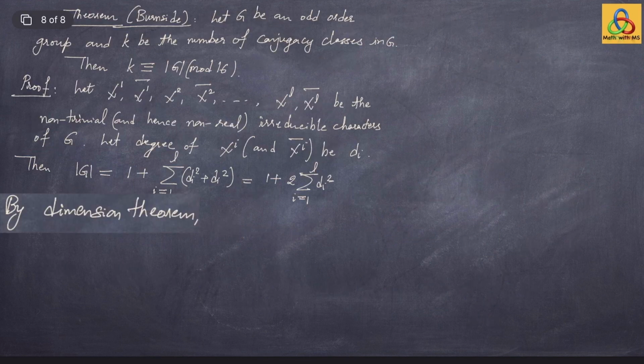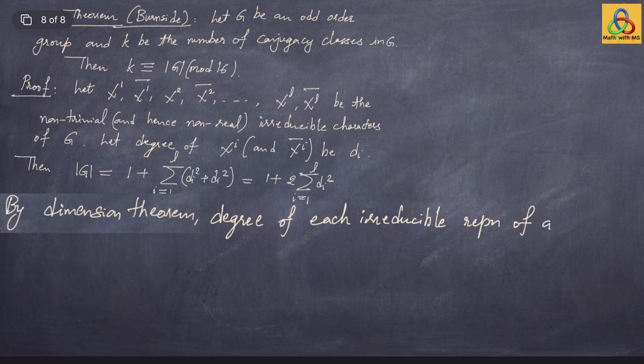It follows from the dimension theorem that we will prove in lecture number 15 that the degree of each irreducible representation of a finite group divides the order of the group. So this theorem we are going to prove later on.